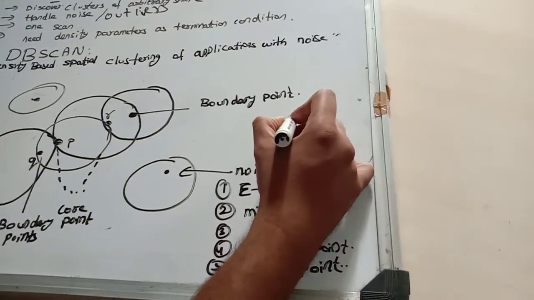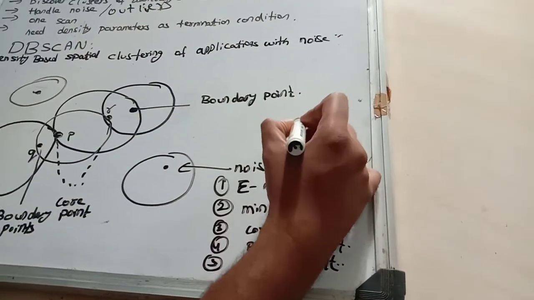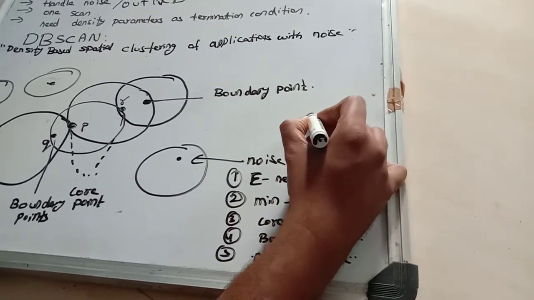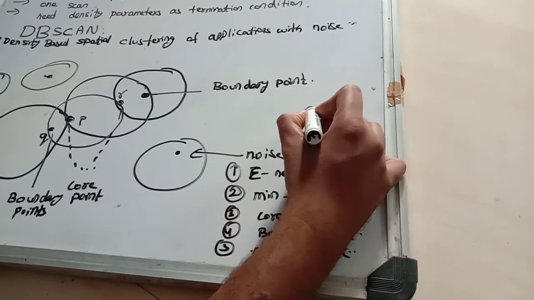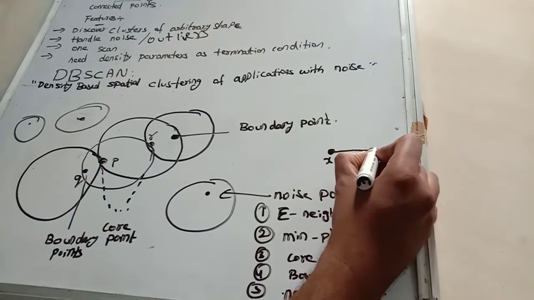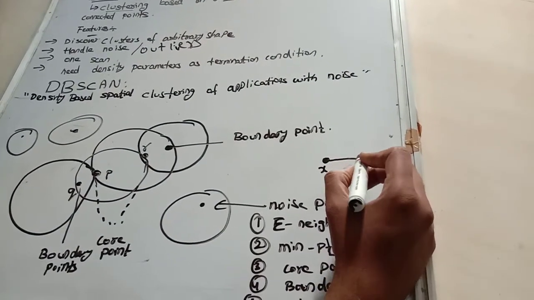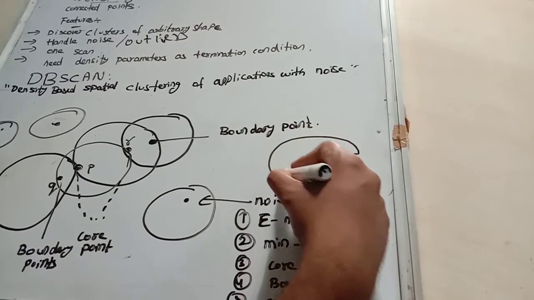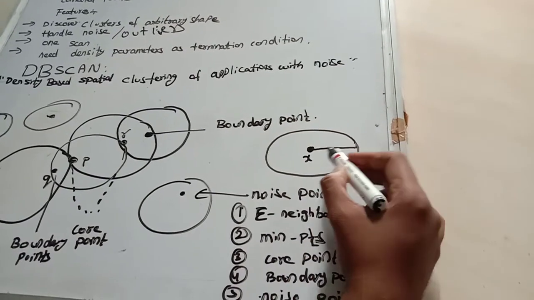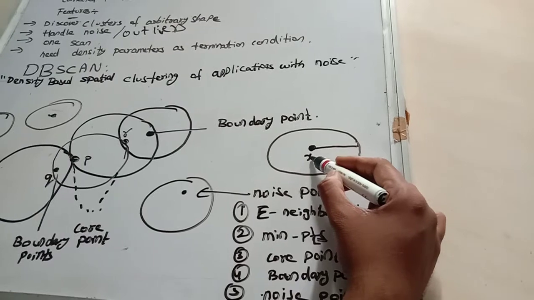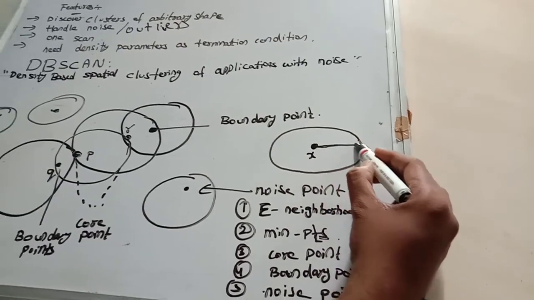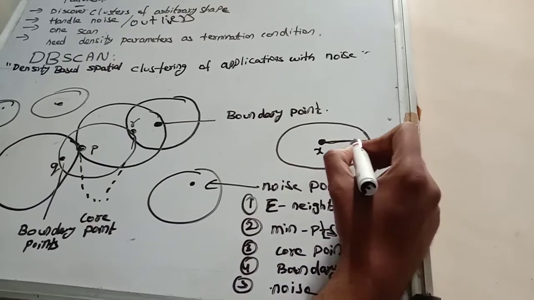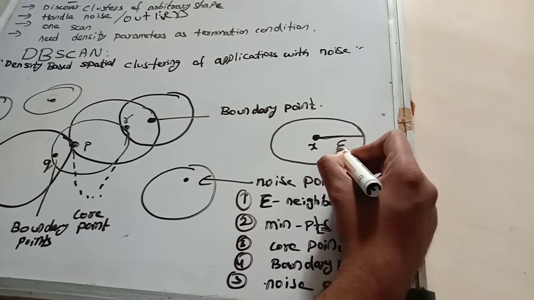First we will understand what is meant by epsilon neighborhood. Let us take an example. Let us assume this is the data set and this data point is called x. From this x, we are going to take some distance, which we generally call a radius. From this distance we are going to draw a circle. This distance is called epsilon.